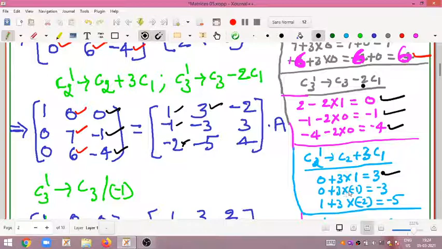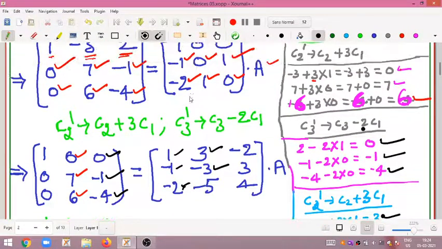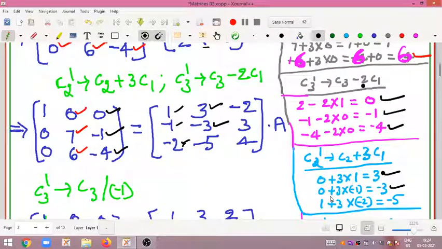So 0 minus 3 becomes minus 3. A minus 3 right here. Again, C2 element is 1, so 1 plus 3 into C1 element is minus 2. So 1 minus 6 means minus 5. That minus 5 I wrote here. That is the second column operation.